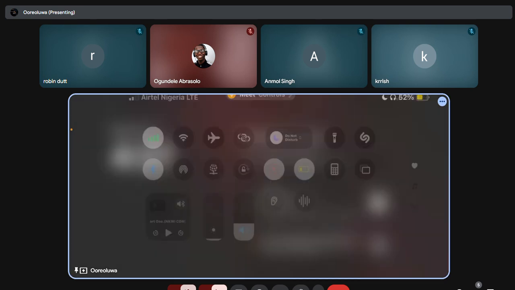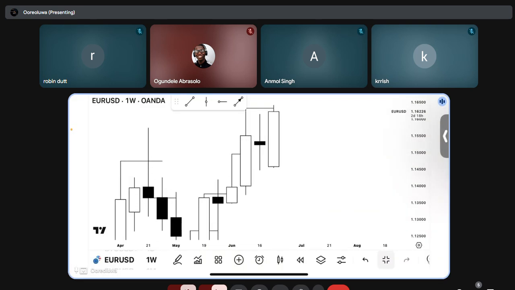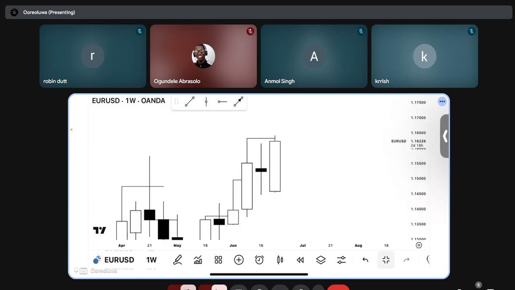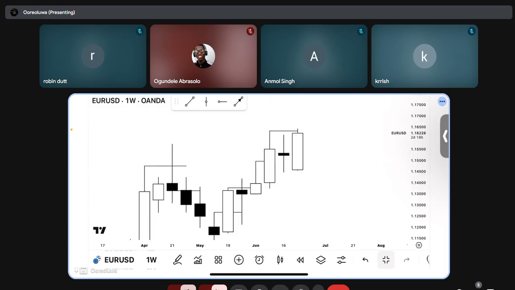So let me check. So close above, right? Now from this point, as soon as price closes above this candle, we want to look for buys inside of this candle. So inside of this candle, there should be a key level on the daily, on the lower time frame. Because there's no other key level around here that you would have used. You are not seeing, and this is the other block. Price didn't come to the other block.